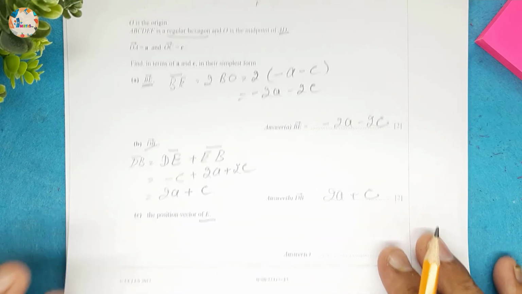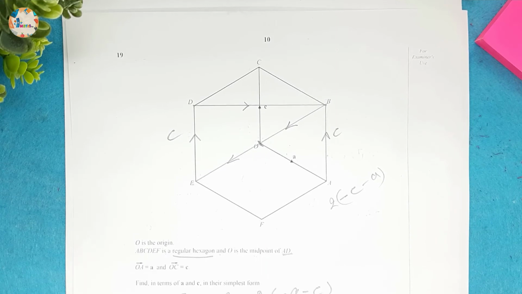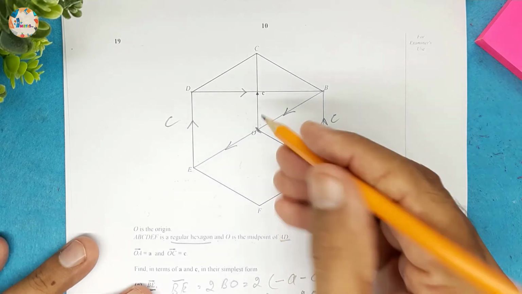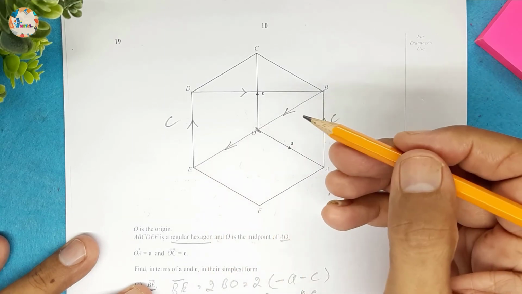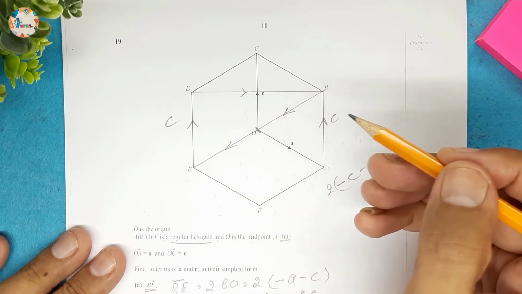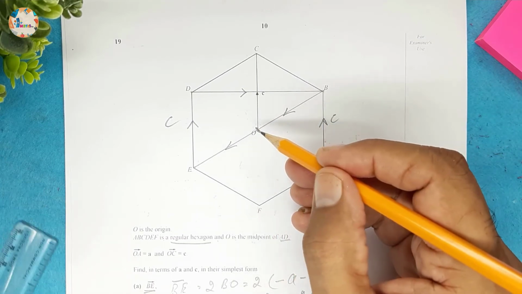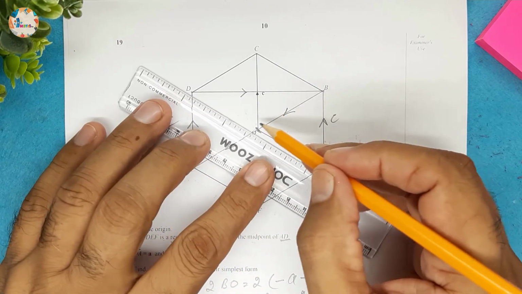The position vector of E. We will be finding the position vector of E, which will be OE basically. For that we can take this route.